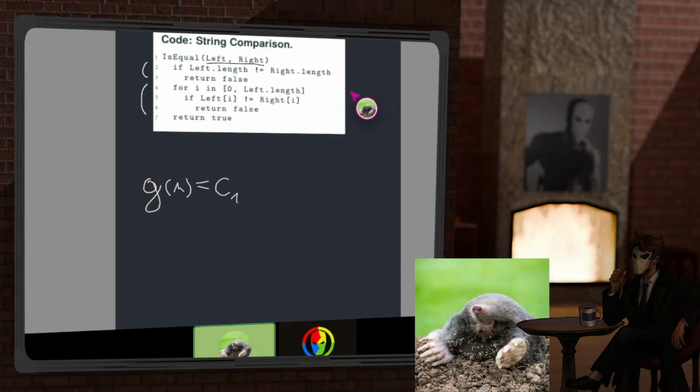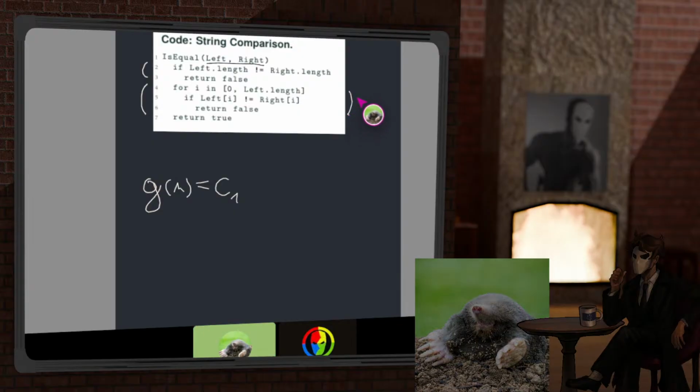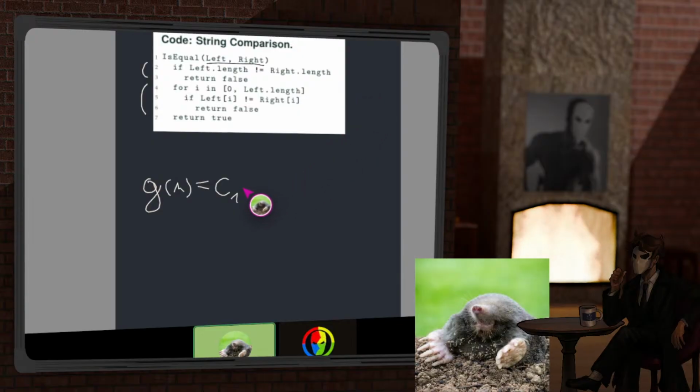And then we have this loop. We are going to introduce a variable called k, which is going to be the number of equal characters at the start of both strings.